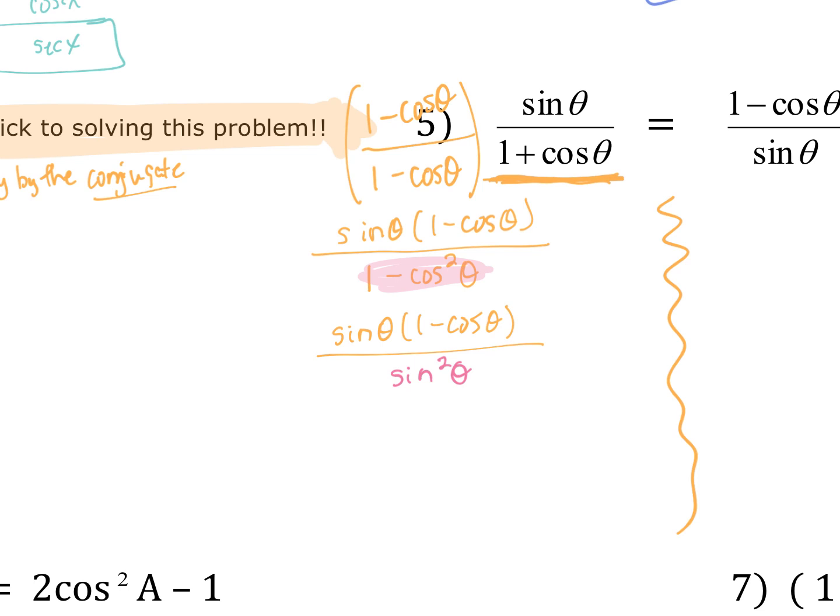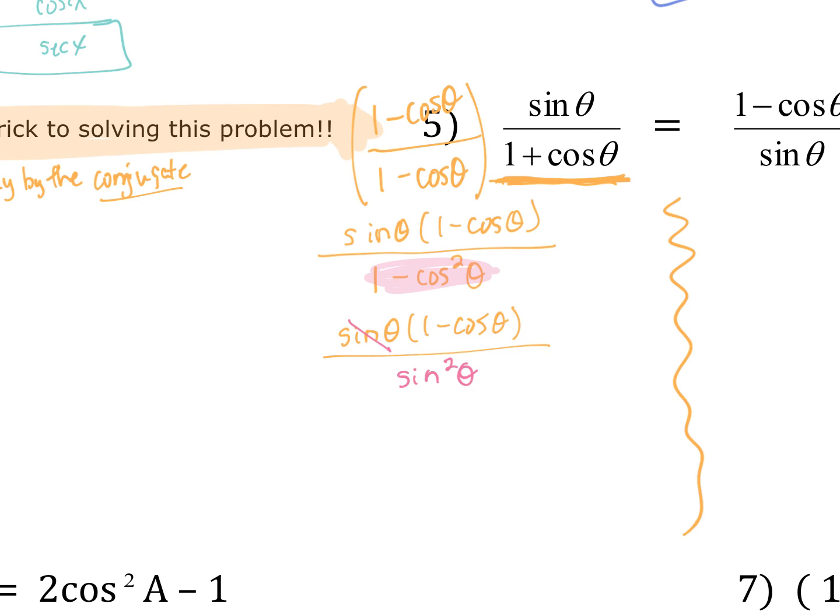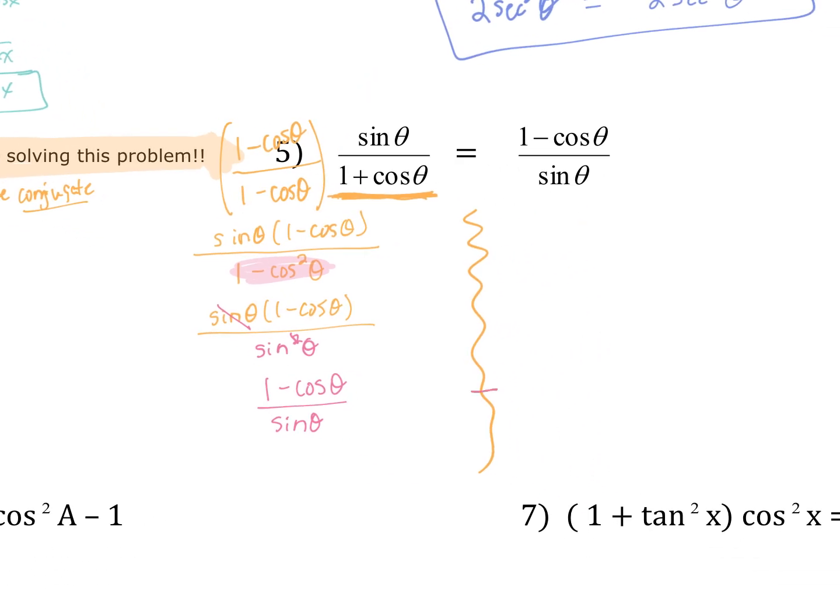And if you notice, in this case, if you had distributed here, you wouldn't notice this as clearly, but we didn't distribute, and so you can notice that there's one sine term in the numerator, and that eliminates with one sine term in the denominator. That leaves us with 1 minus cosine theta over sine theta, which is what we wanted to get. So we have done it. We have verified this identity.